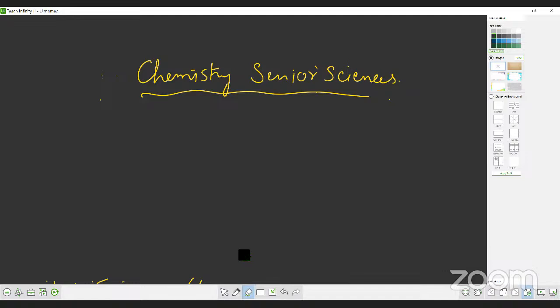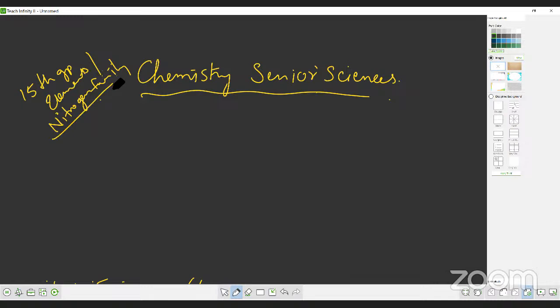First, I'll discuss the 15th group elements. So what are 15th group elements? We know this nitrogen family is also called the 15th group elements. Why is it called the nitrogen family? Because nitrogen being the first element of the group, this group is represented by the name nitrogen family or 15th group elements.